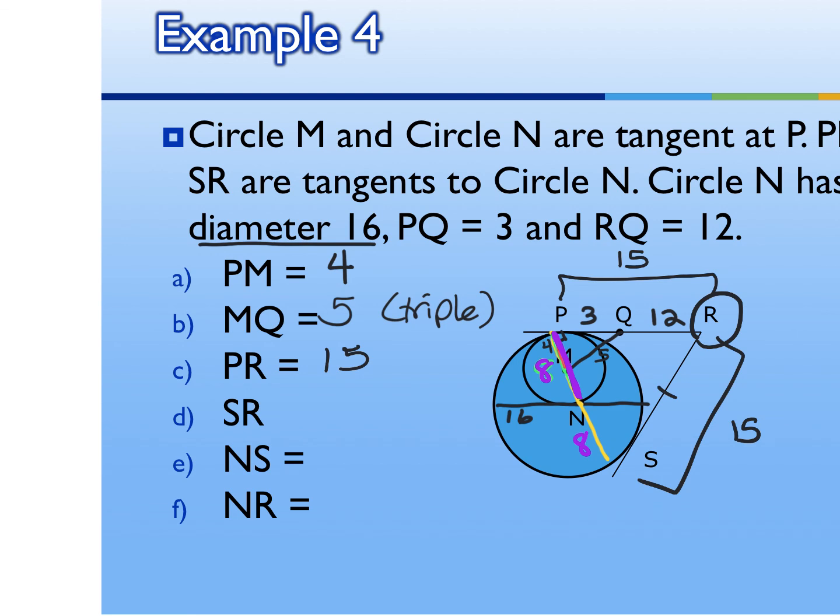So this one and this one are both 15. And then NS is just a radius. So it's right here. So it's going to be half of the 16. It's 8, so half of the diameter. And then the last one, NR, once I draw that in here, it's a triple. It's 17.